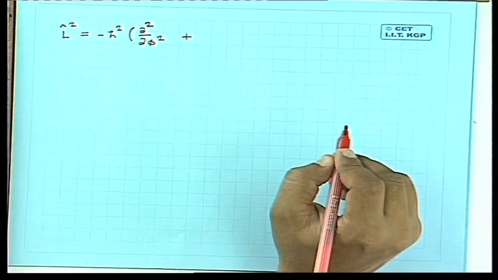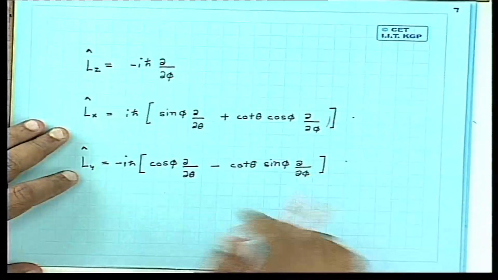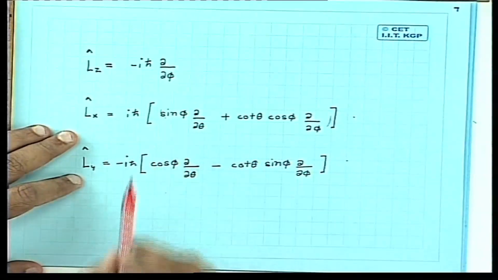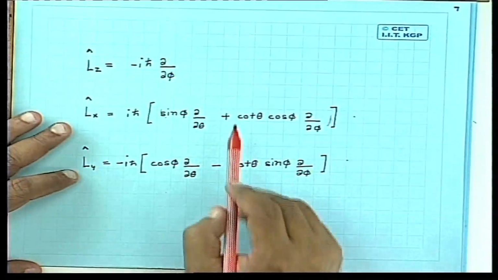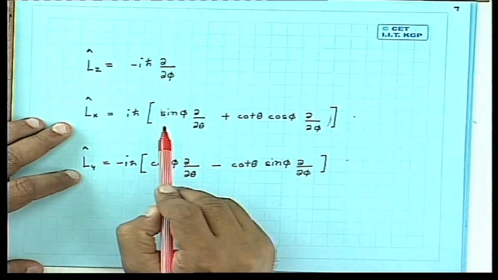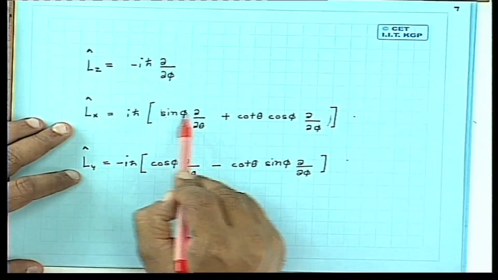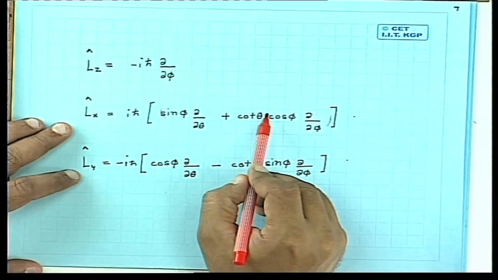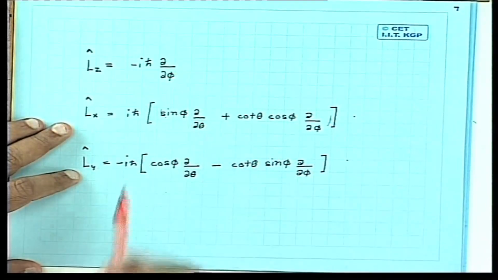Now let me write down the various terms corresponding to Lx squared. There will be one term which is the square of this operator, one term which is the square of this operator, one term which is the product of this operator acting on this operator, and another term which is this operator acting on this operator.